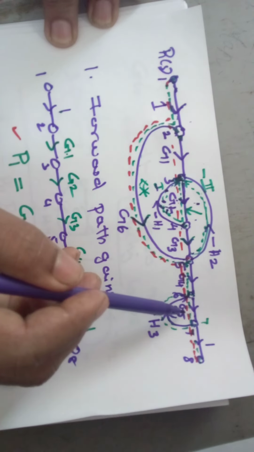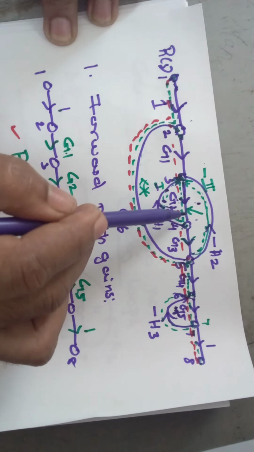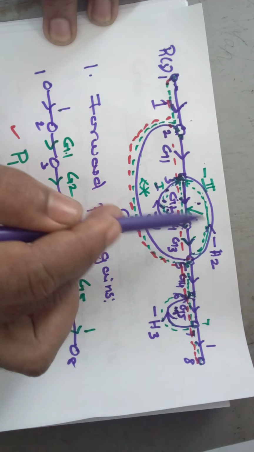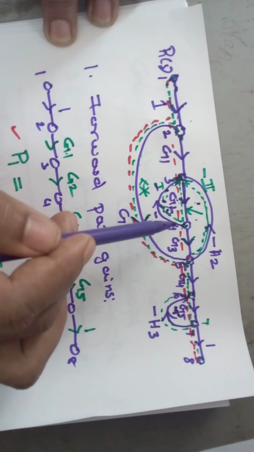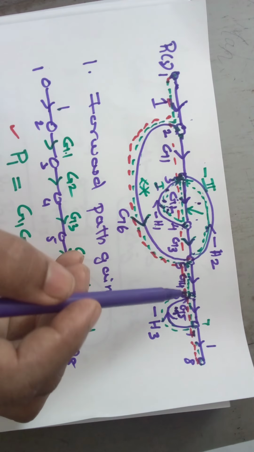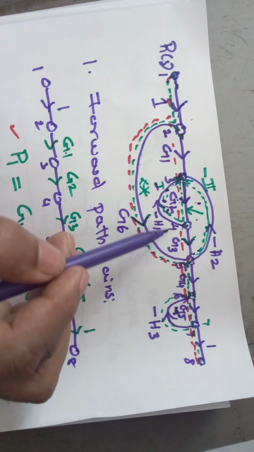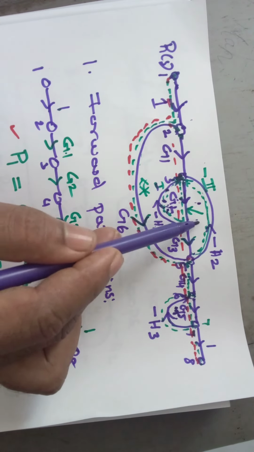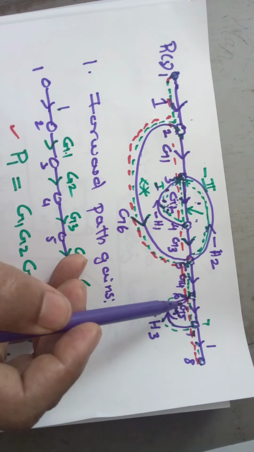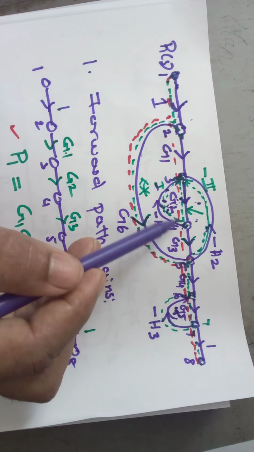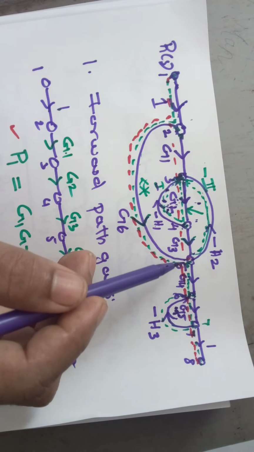But these three loops are not all individually non-touching. Suppose the three loops are not touching with each other, then you need to take the gain product of such loops also, the gain product of three non-touching loops. But here in this case it is not like that. Because these two loops are touching each other, there is no such three non-touching loop combination in this problem.